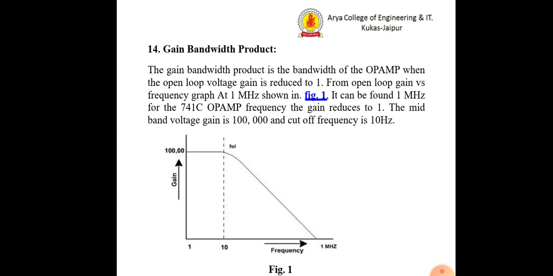This particular graph corresponds to the 741 op-amp. So this open loop gain versus frequency characteristic is quite important in realizing certain circuits where you want the amplifier to work efficiently in your chosen frequency ranges.